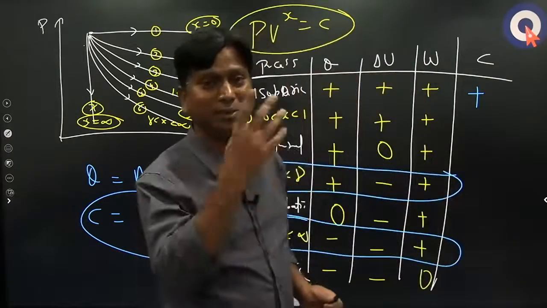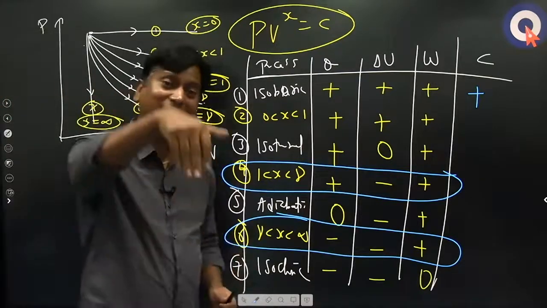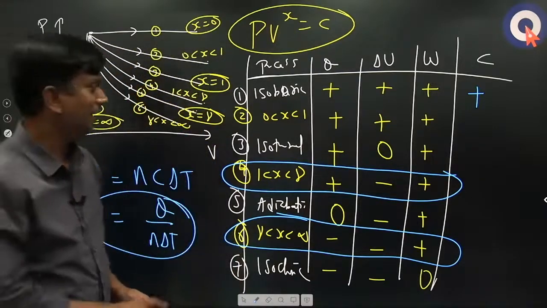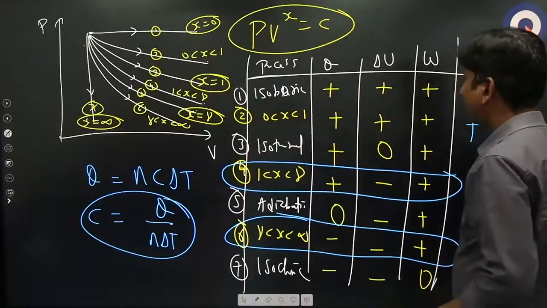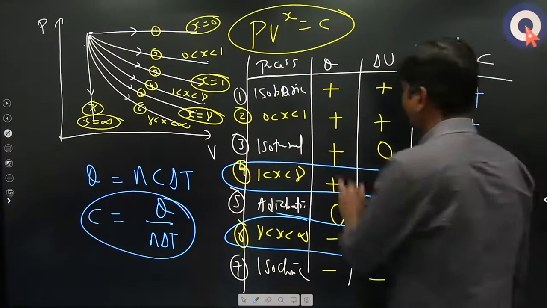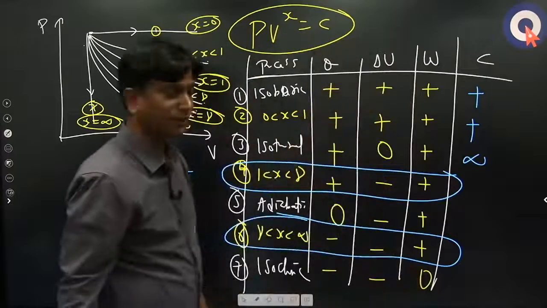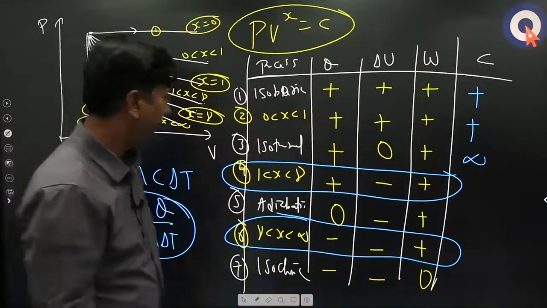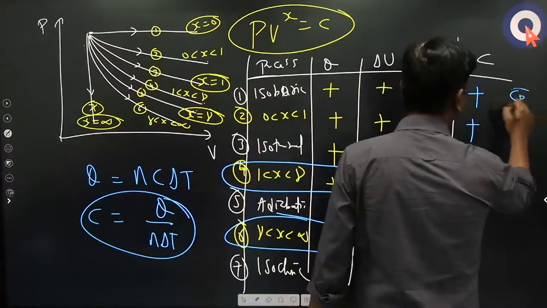That happens. Okay. So here also it is positive. And isothermal, here Q and delta U, this will be infinite, tending to infinity, for the isothermal process. And in fact, isobaric it is positive and Cp.